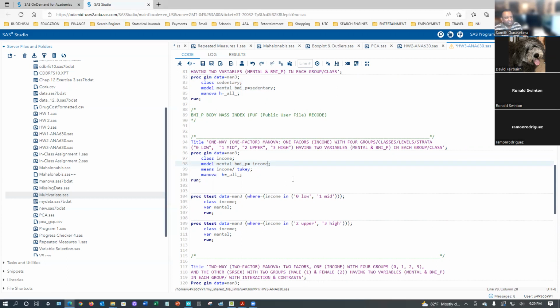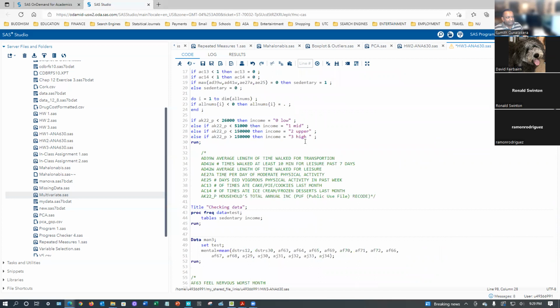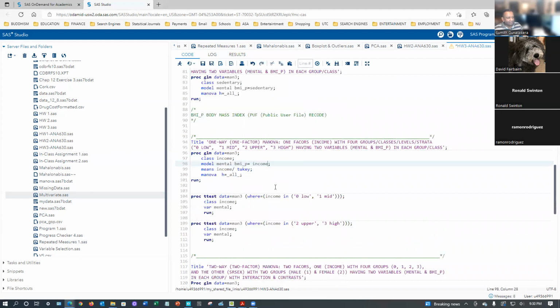Sometimes, okay. So you have one factor, which is the income being factorized, because you might be thinking, well, how come? Yeah, we did that over here. It's called income. In the beginning, it's called AK22_P, the household total income. It has been recorded under this public use file, and now it has been categorized.